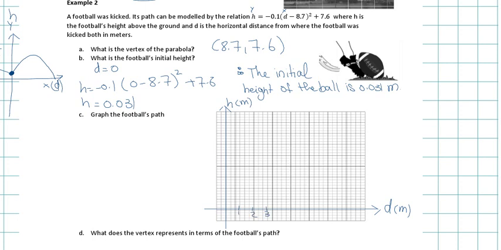I feel like it's not going to fit properly, so I'm going to squeeze it a little bit. 1, 2, 3, 4, 5, 6, 7, 8, 9. I can't see the points on the paper. It's an approximate. Remember.